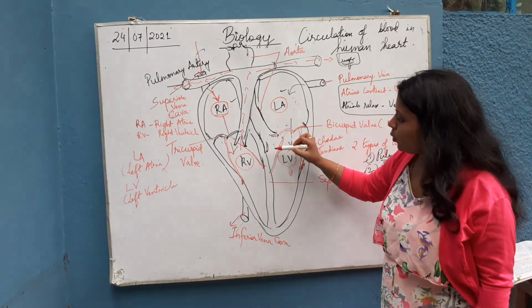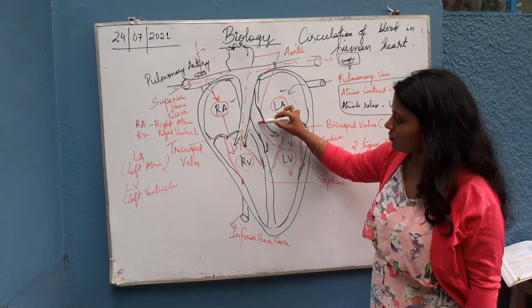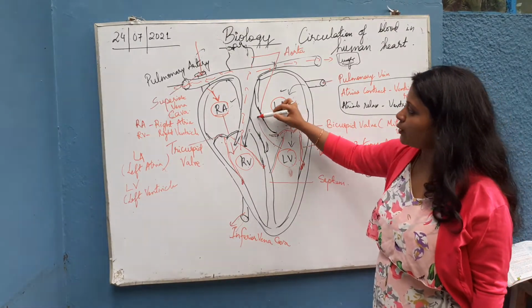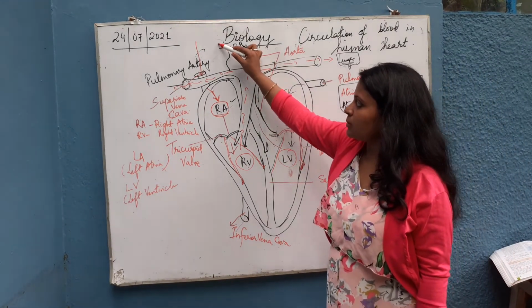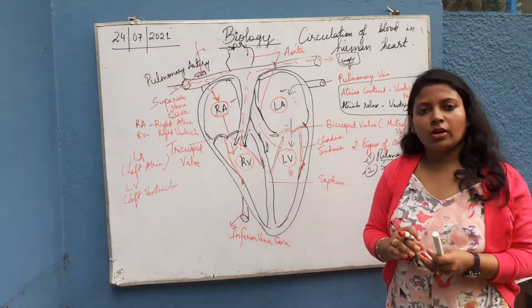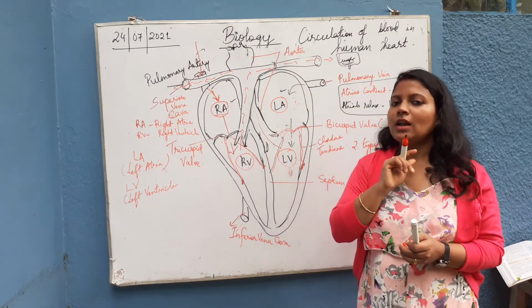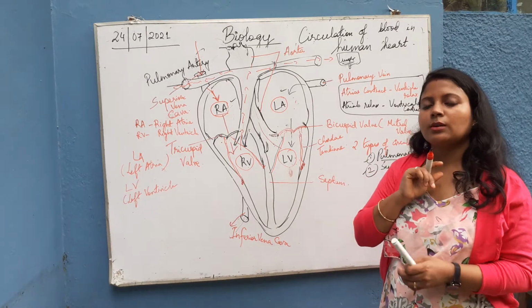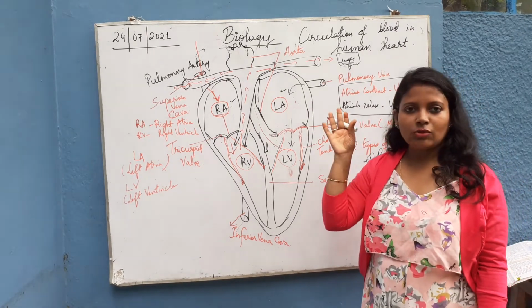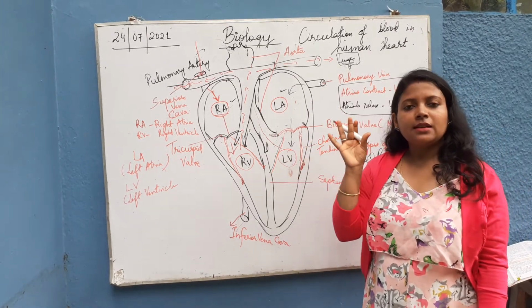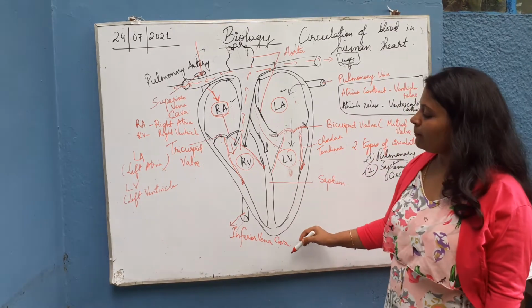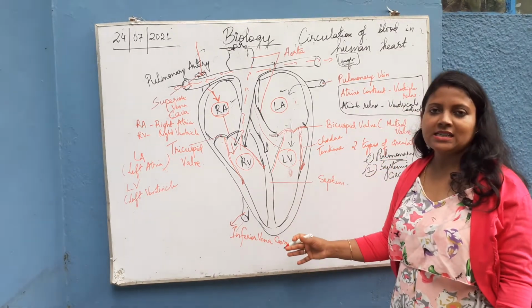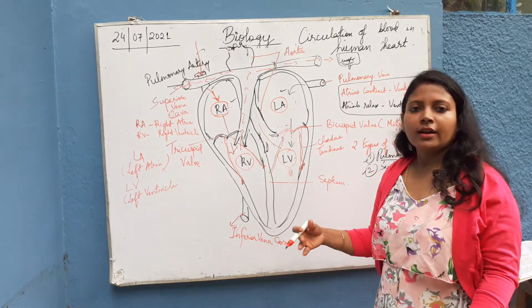When it opens up, it clears the passage for the blood to enter through the aorta, and it goes to the different parts of the body. So soon after reaching the different parts of the body, this oxygenated blood will come back again after all the activities done in the digestive system or any excretory system.